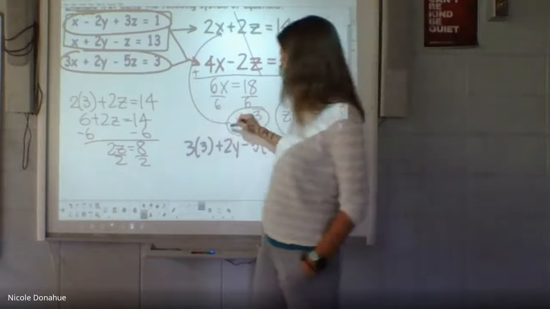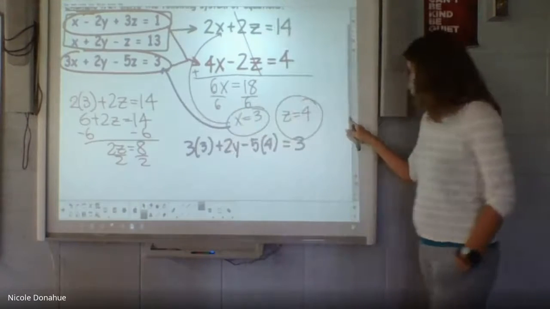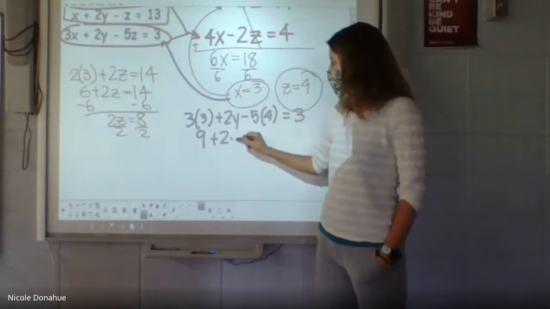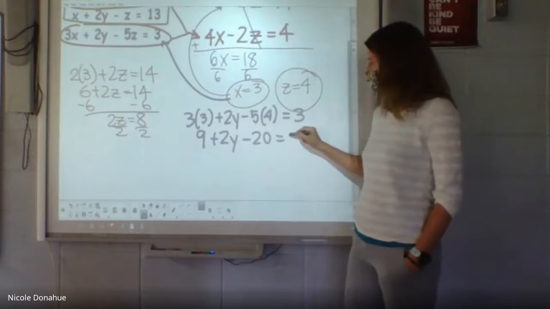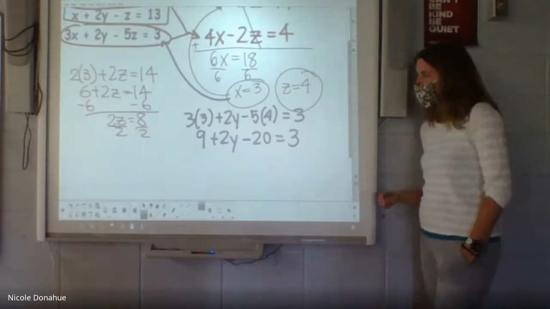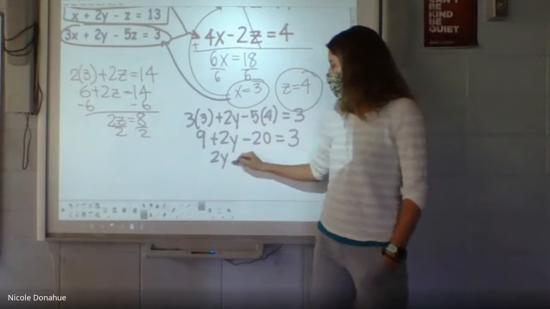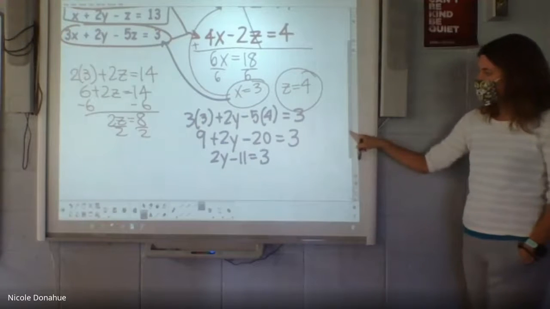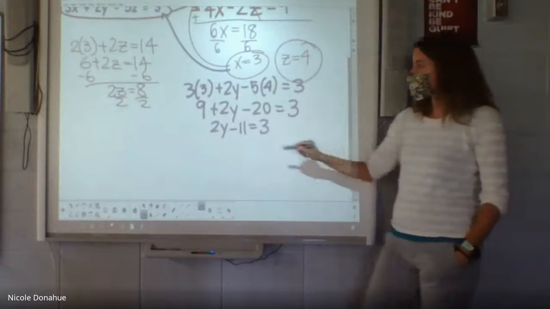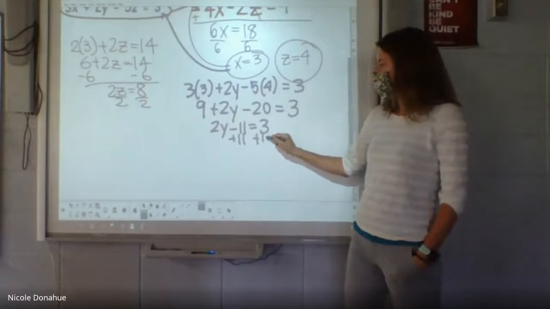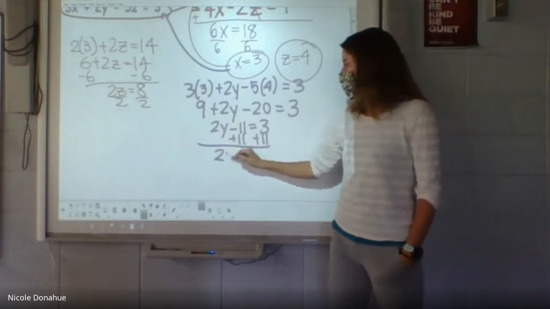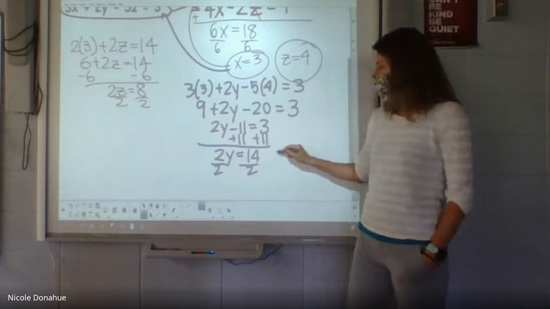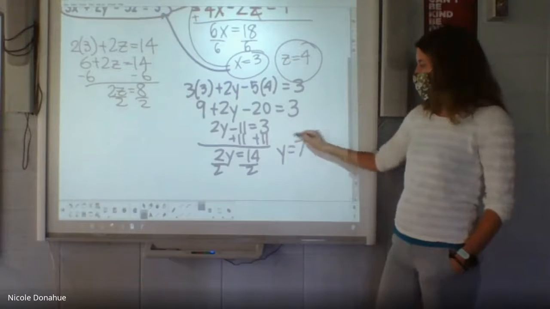So I'm putting these back into the bottom one now. Writing some like terms here, moving this over. So y ends up being 7.